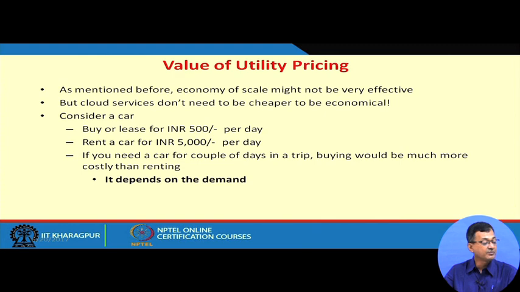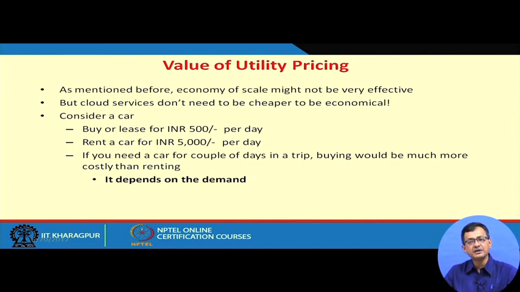The popular example people give is to consider a car. Buying or leasing a car may cost me something like 500 per day, whereas renting a car may be, for example, 5,000 per day. When is it economical?